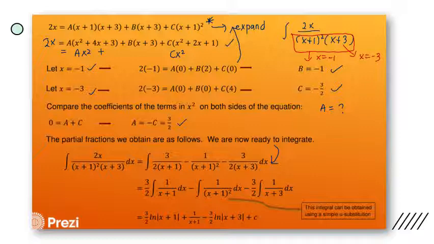We can use u substitution to solve it, the simple u substitution that we have learned in previous topics, which is the u substitution for trigonometric functions, or for simple linear or quadratic functions.